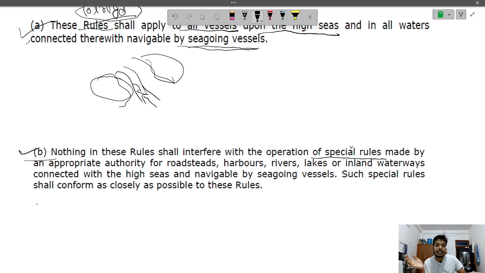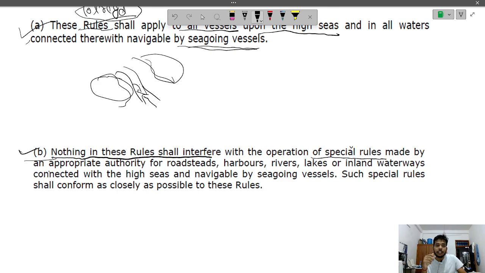Such a special rule shall conform as closely as possible to these rules. To understand this sentence, nothing in these rules shall interfere means that any part of these rules will not interfere with the operation of a special rule made by the appropriate authority.